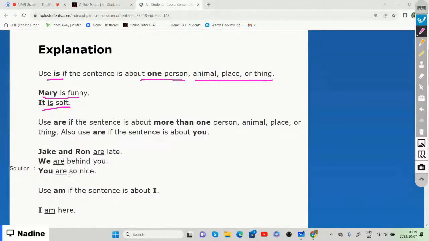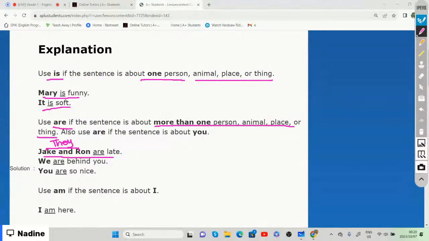And we use are if the sentence is about more than one person, animal, place, or thing. For example, Jake and Ron are late. So Jake and Ron refers to more than one person. There are two people. So we can say Jake and Ron are late, or we can say they are late.